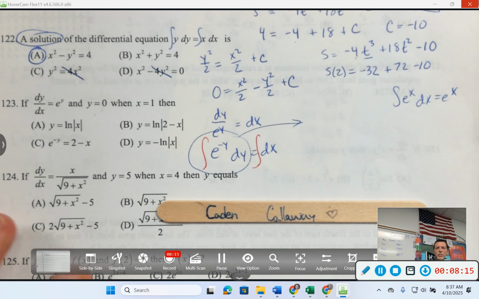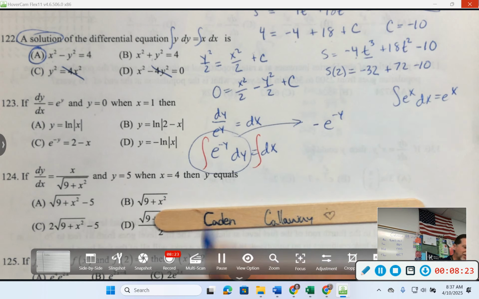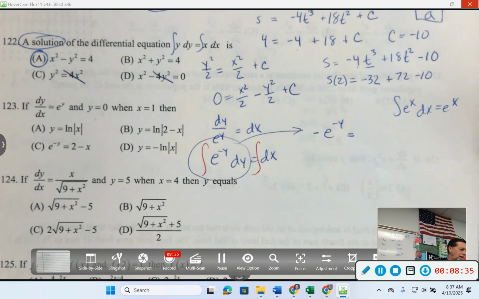Right, that's the simplest one. Which is negative e to the negative y. There you go. So e to the negative y, but there's a negative sign in there to account for the chain rule. So some people would do a u substitution, but all you'd get is a negative sign out of that. So Caden kind of just handled that in his head.